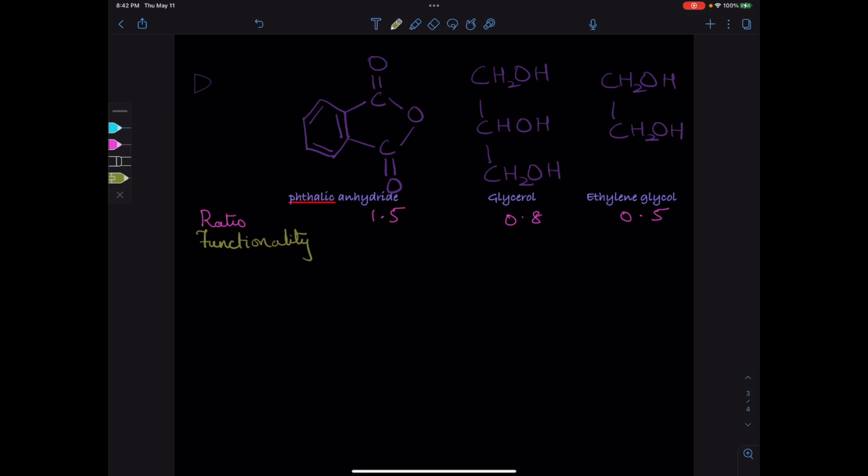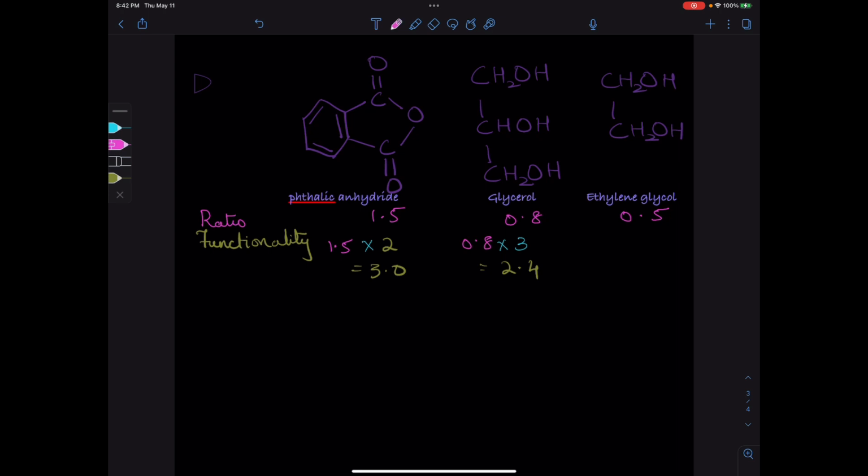So the functionalities are for phthalic anhydride 1.5 times 2, which is 3. For glycerol, it is 0.8 times 3, which is 2.4.